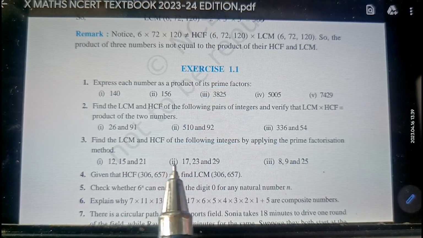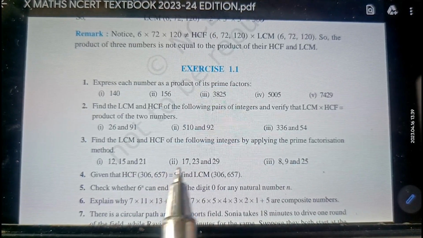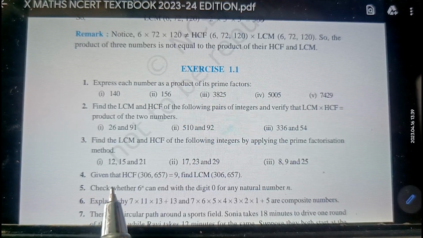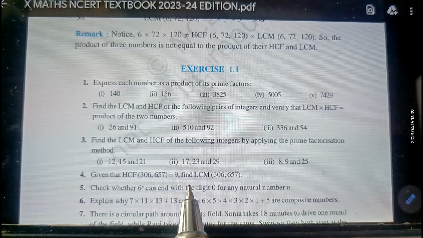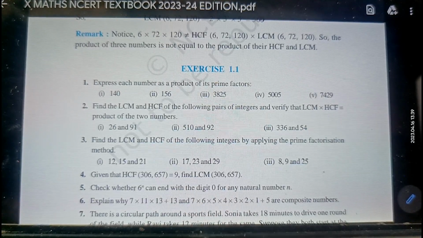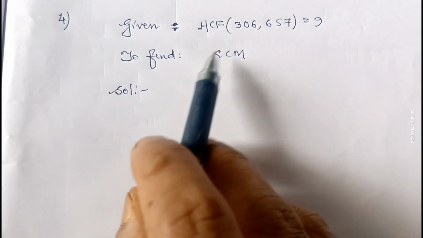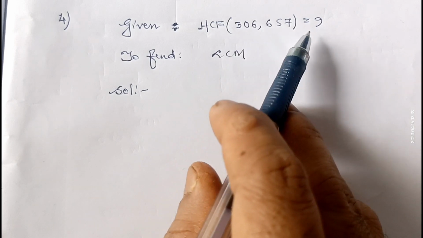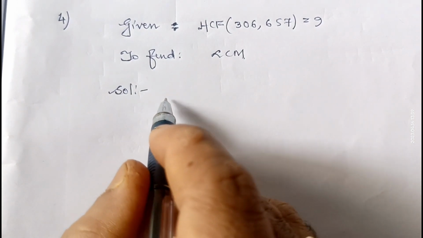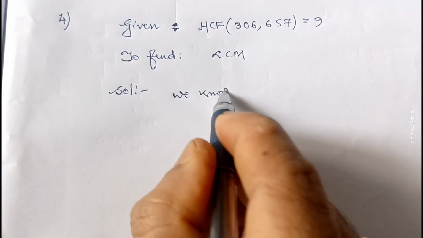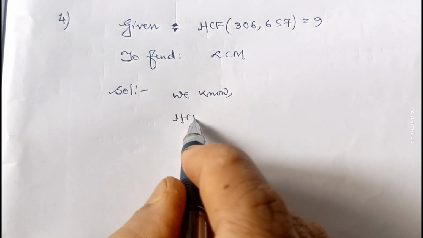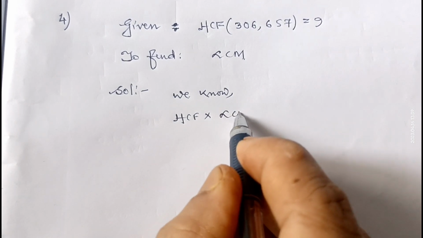I hope the remaining sums of number 3 you can try yourself. Look at what is written in number 4. Given that HCF of 306 and 657 is 9, find the LCM of these two numbers. In this sum it is given that the HCF of these two numbers is 9 and we have to find the LCM. We know that HCF into LCM is the product of the numbers.